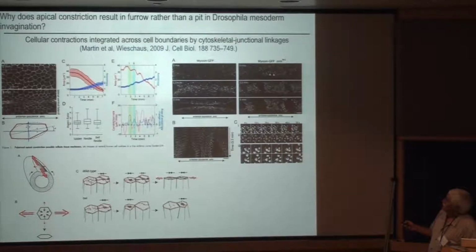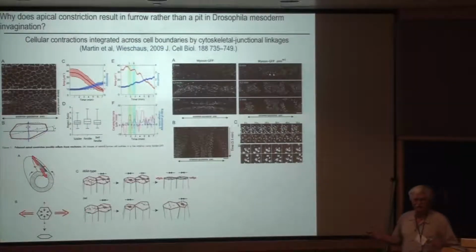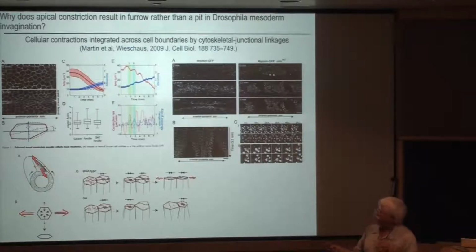I can't really talk about this paper. I really don't have time, but it's an interesting paper. You guys should read this and see if you see something weird about this paper. If you have a cylinder and you have cells contracting on it, wouldn't you expect that it would show the same differential of resistance that you get in a water pipe? When you've got a water pipe that explodes, it always rips along the length of the cylinder as opposed to around the circumference.